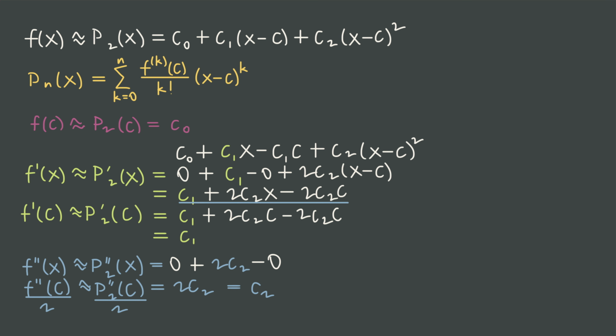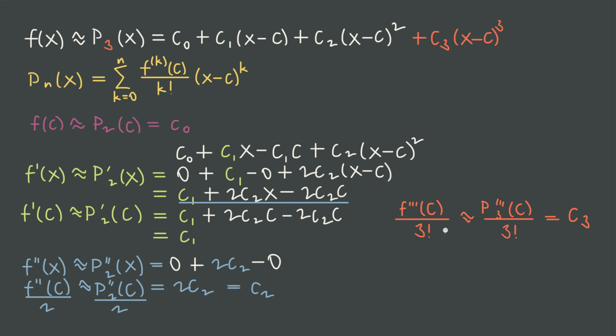But if we were instead to be working with the third degree Taylor polynomial instead of just the second degree Taylor polynomial, we would find that our coefficient c3 has a value of the third derivative at c divided by, instead of just 2 that we got here for the second derivative, we would find here 3 times 2 times 1. And if we think about 3 times 2 times 1, we know it's the same thing as 3 factorial. And if we were to actually keep going with more terms in the Taylor polynomial, we would get the fourth derivative at c divided by 4 factorial, the fifth derivative at c divided by 5 factorial, etc.